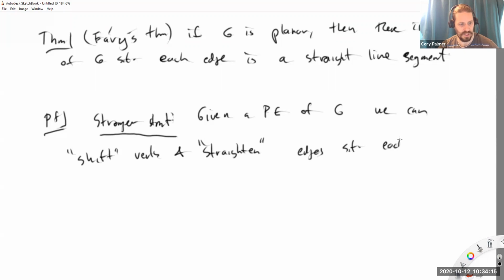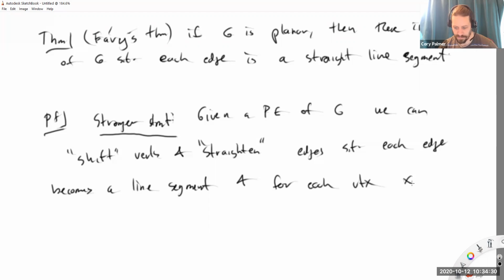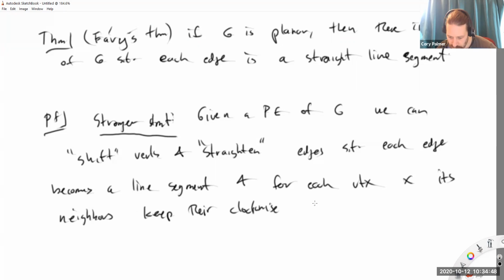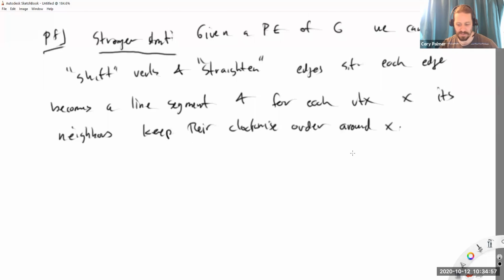Such that each edge becomes a straight line segment, and for each vertex X, its neighbors, and I'll draw an example here, keep their clockwise, let's say, order around X. Okay, so let me explain here what I mean by this, especially by the second part here.